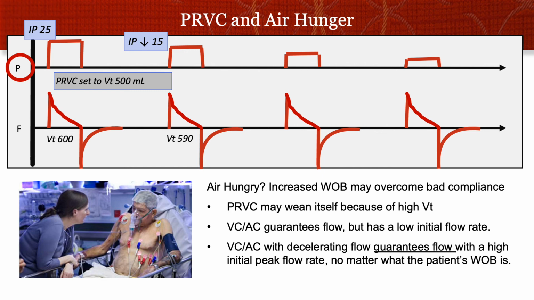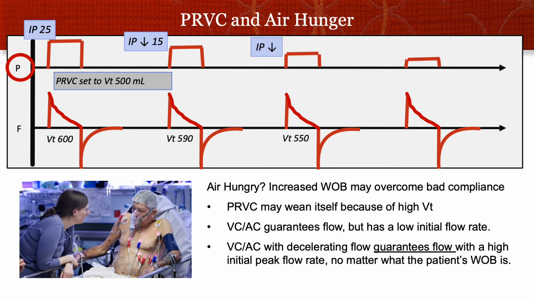And they got 590 mils, but that's still more than you picked, and the vent still says, tidal volume too high, need to turn down pressure, and so it does, and it will keep turning down the pressure until the patient is totally uncomfortable and still working hard to breathe. In other words, PRVC will wean itself in any situation if the tidal volume is higher than the goal tidal volume you've set. So when I saw that, I picked a different mode.